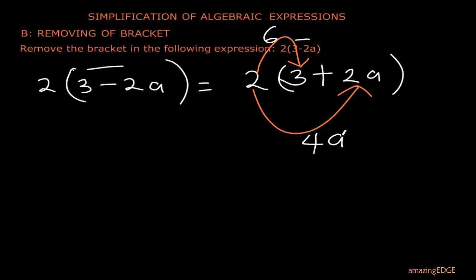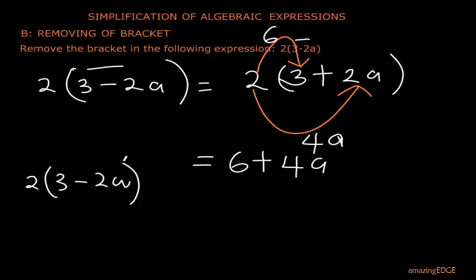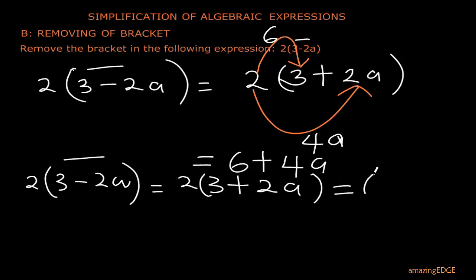So at the end of the day, we now have that this will be equal to 6. That is, 2 times 3 is 6, plus the 2 times 2a will now give us 4a. So finally what we have got is that 2 into 3 minus 2a bar is now equal to 2 into 3 plus 2a, and this will now be equal to 6 plus 4a, and that's what we expected to get.